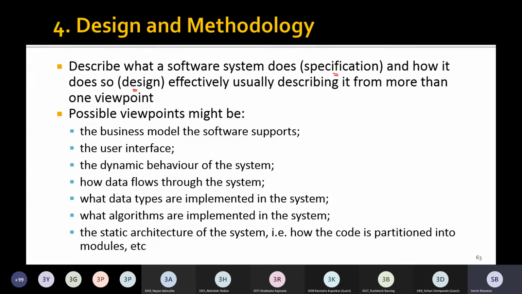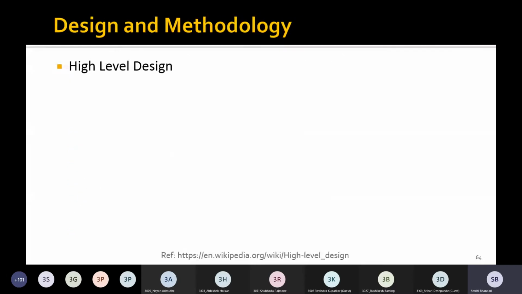Then what data types you are going to implement, what data sets you need to use, what algorithms are implemented in the system, what is the architecture of the system, how your code is being partitioned into different modules. So with respect to all those points, you need to mention the information in your design.